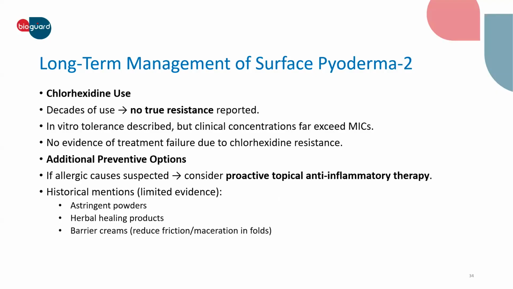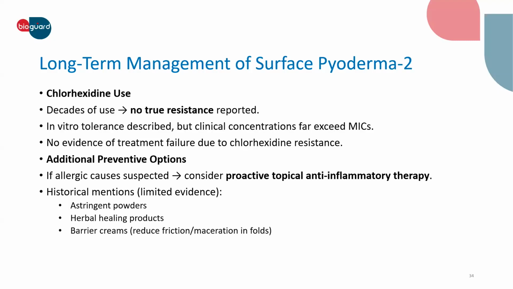And for chlorhexidine, it is usually the first option because it has been used for decades and no true resistance has been reported. There is some in vitro tolerance declared, but the clinical concentration far exceeds the MICs.